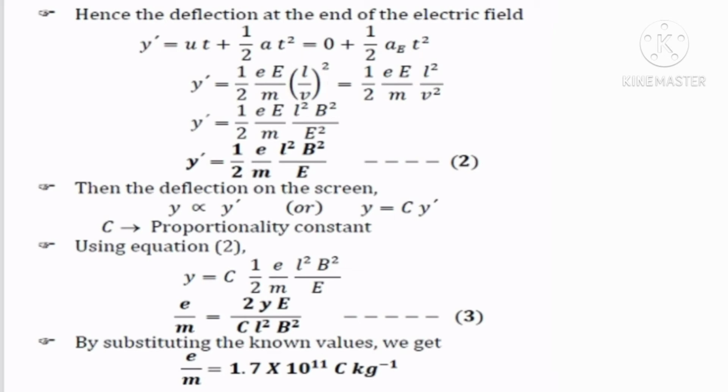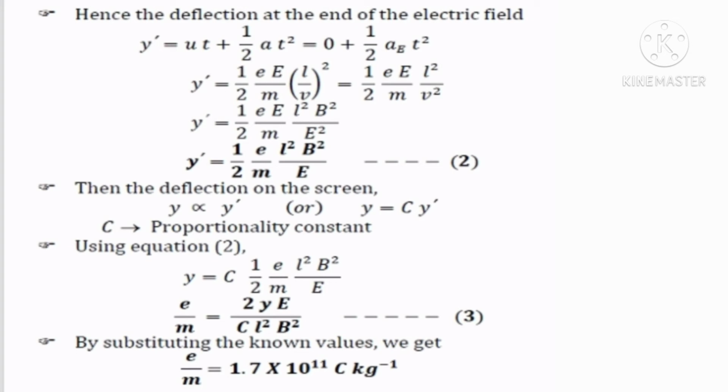So the equation becomes y dash is equal to half small e into capital E divided by m into L by v the whole squared, which is equal to half into eE divided by m into L squared by v squared, where here small v in the denominator is replaced by E by B, so that the equation becomes y dash is equal to half into small e into capital E divided by m into L squared into B squared divided by E squared.